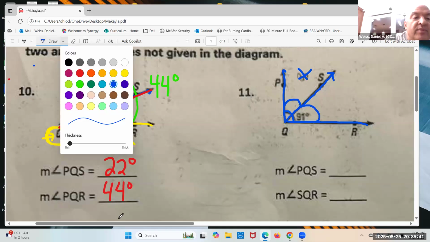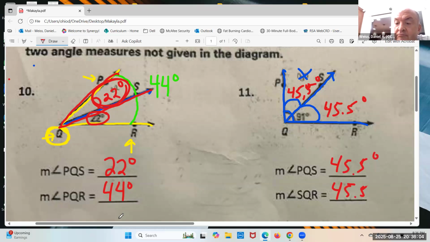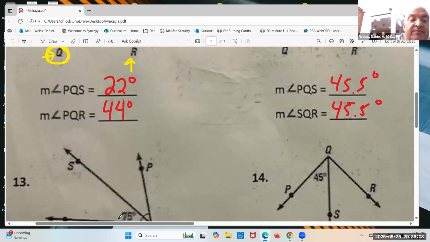So they both have to be 45.5, because 45.5 and 45.5 makes 91. So they're both 45.5. And there you go. Does that make sense? If it doesn't, you have to call me and ask me.